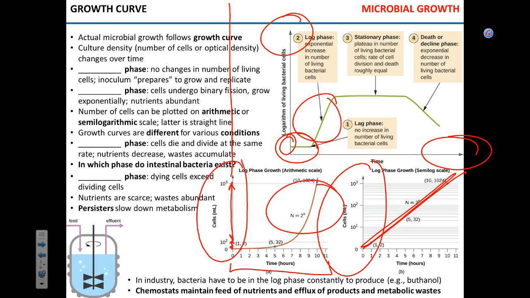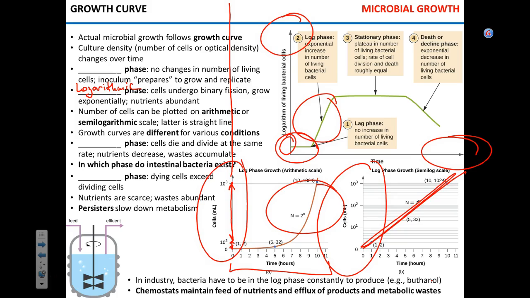So during the logarithmic phase, sometimes called growth phase, log phase, is the time when cells undergo fission, divide, and nutrients are everywhere. Metabolic wastes do not really accumulate, okay?